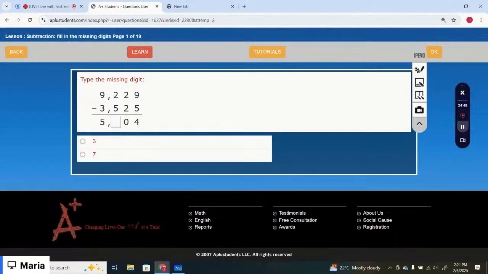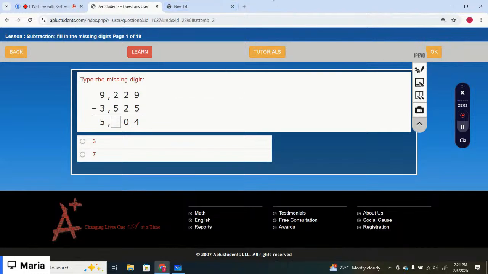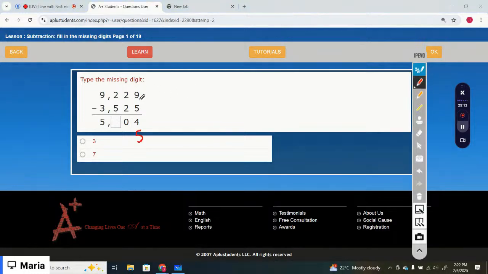Type the missing digit. So start subtracting from the one digit and keep going until the missing, then you can find it easily. So 9 take away 5 is 4, 2 take away 2 is 0.